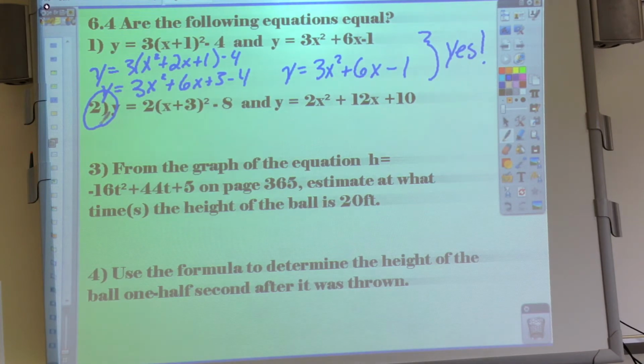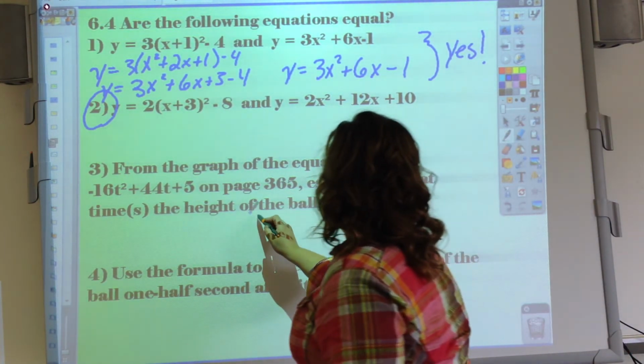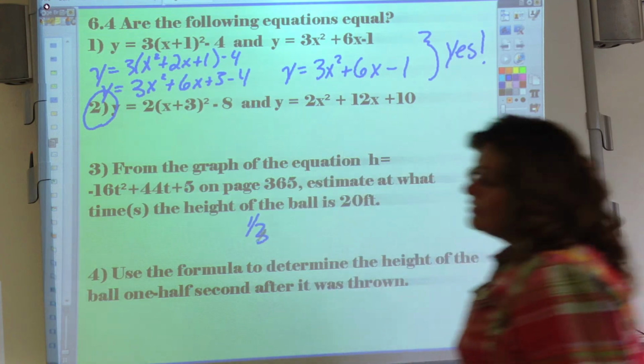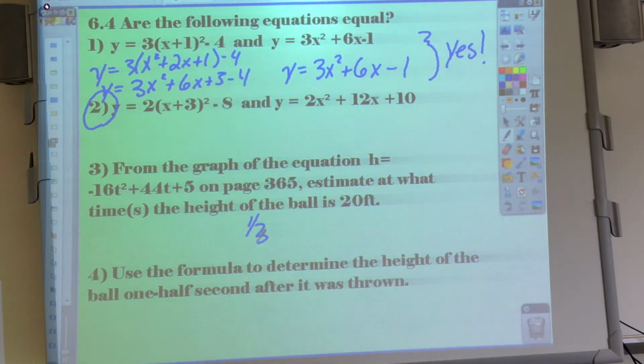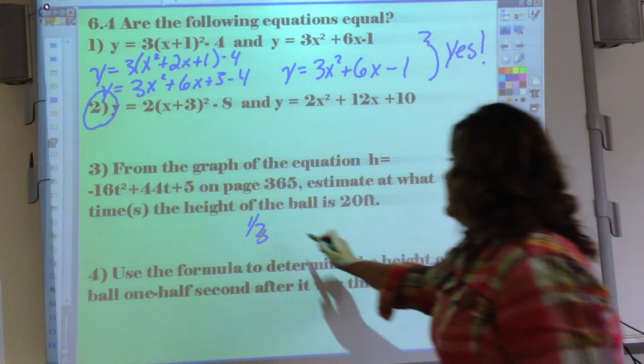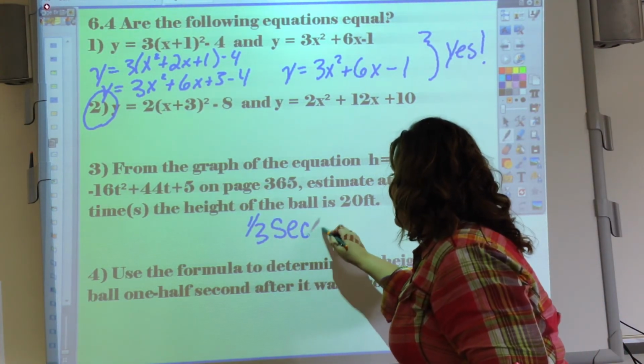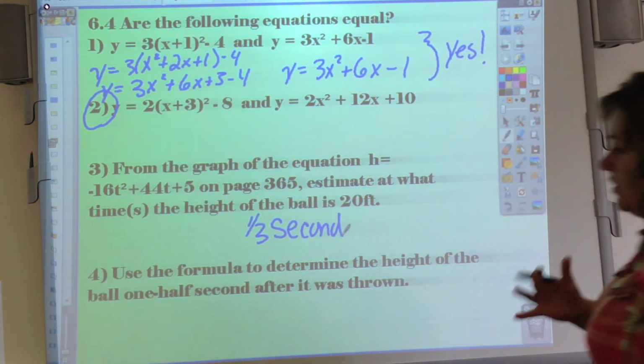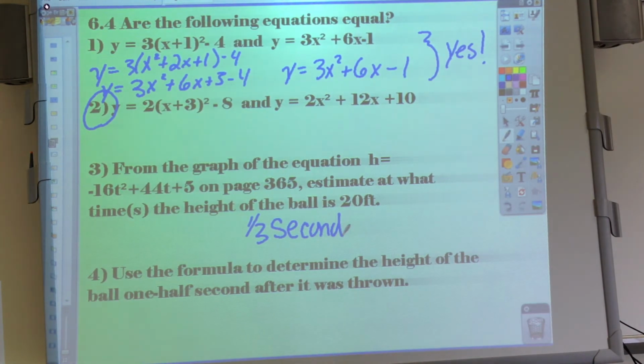Do you have it? All right, I would say the first value would be 1/3. And let's see, my units are seconds, I do believe. Yeah, my units are seconds, so I would have 1/3 of a second is the first time my height is 20 feet.